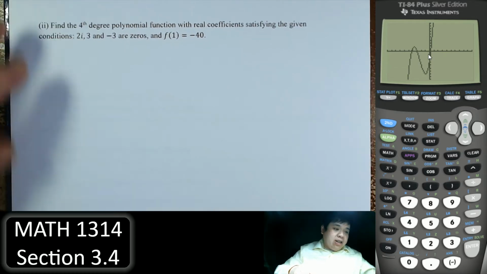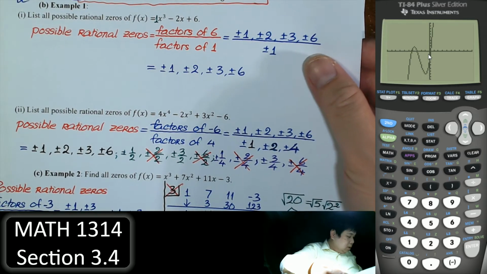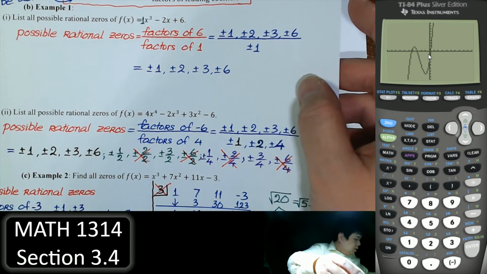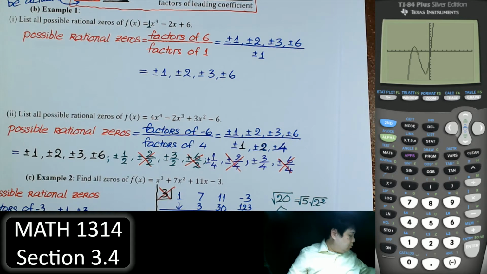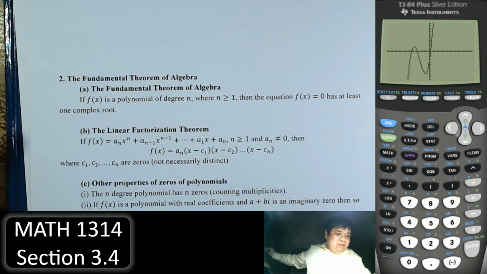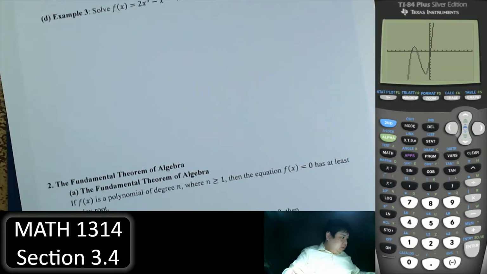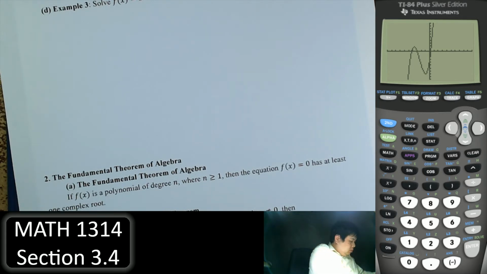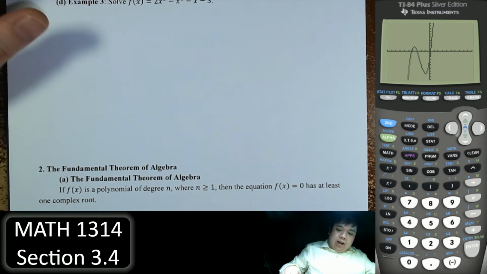Right, next, find the, wait. Right, sorry, let's pick this one. Right, so 4 zeros, right?